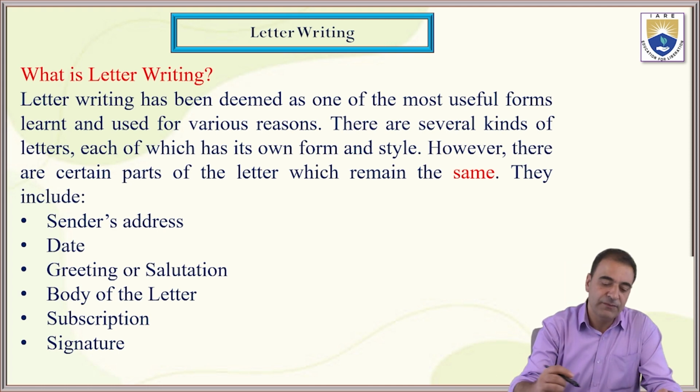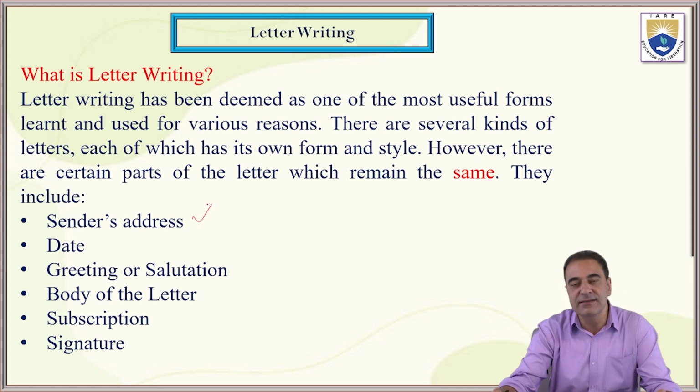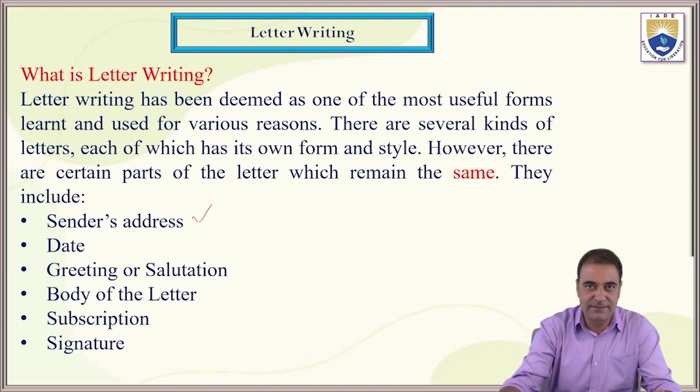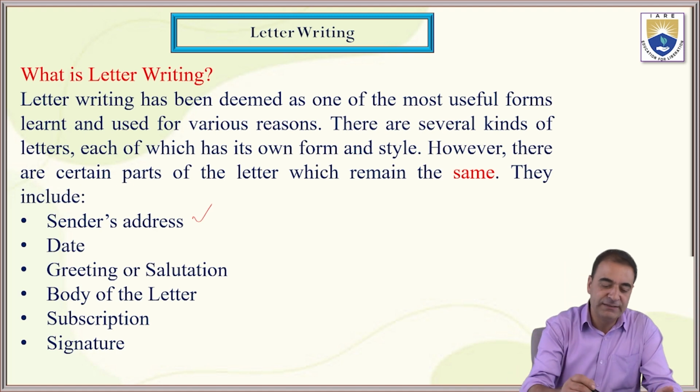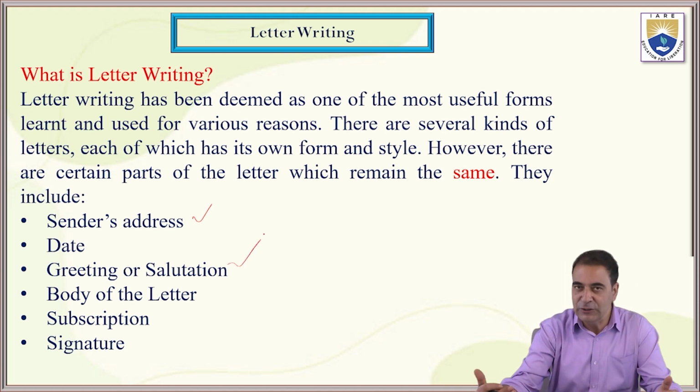The first one is the sender's address. At the left top, we write the sender's address. Then it is followed by the date, and the date is followed by the greeting or the salutation. Then it is followed by the body of the letter, or the main body.